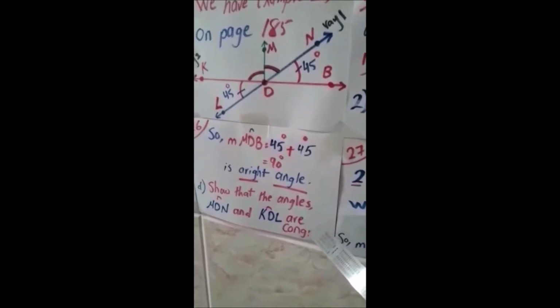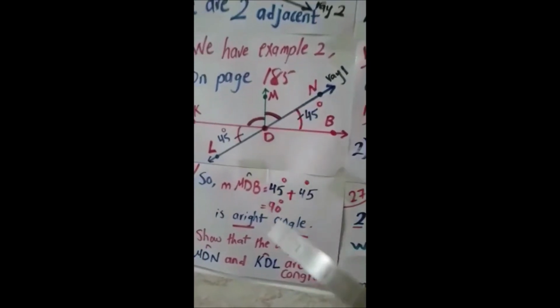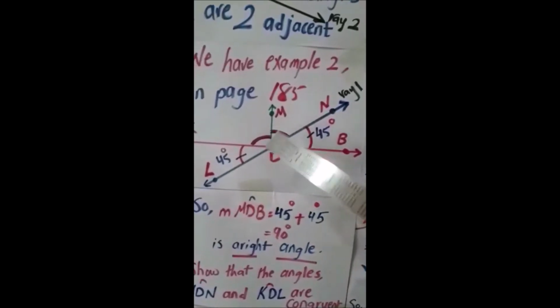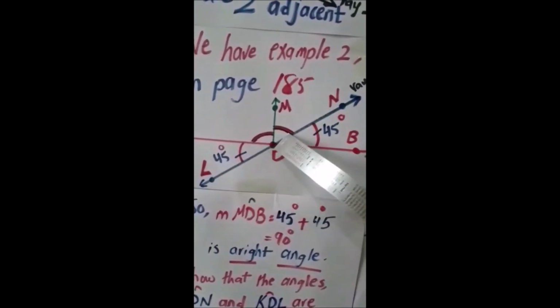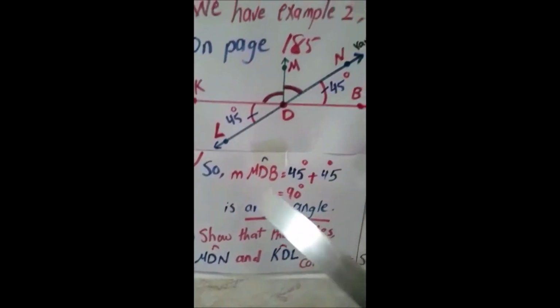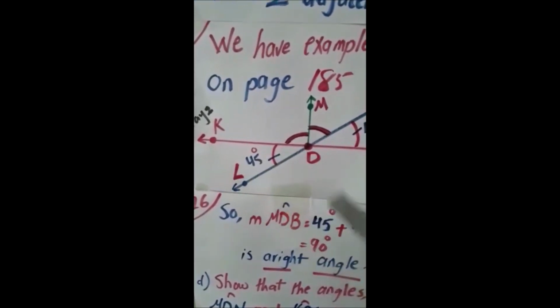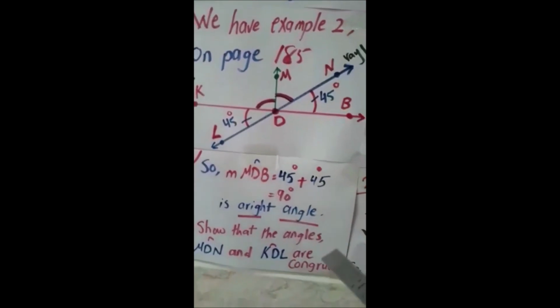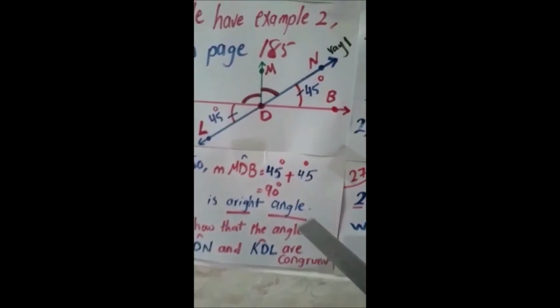Mister, can you show us these two angles? Of course, my dears. MDN, look directly from this to this. MDN, that means this angle, and KDL. That means he wants us to show him that these two angles are congruent.